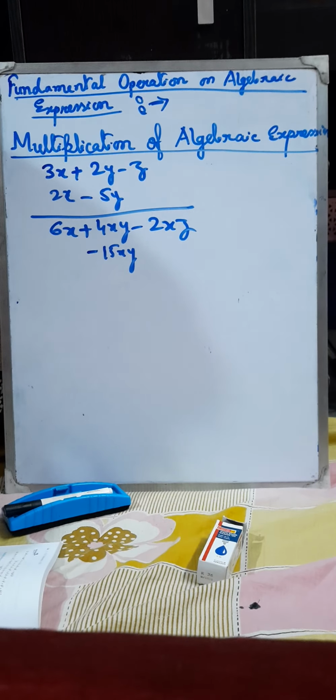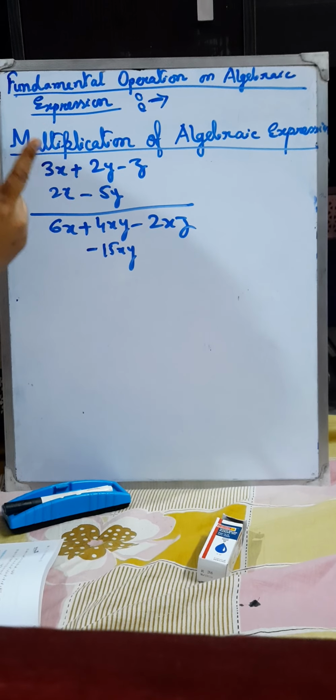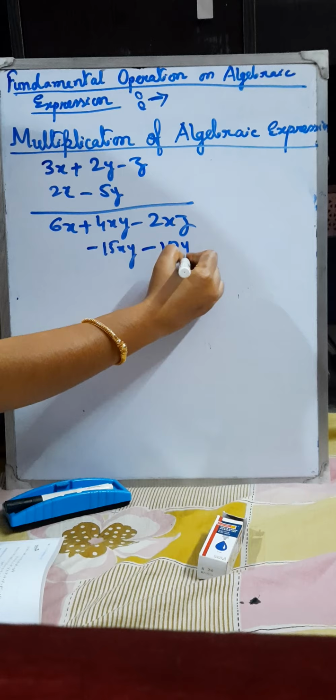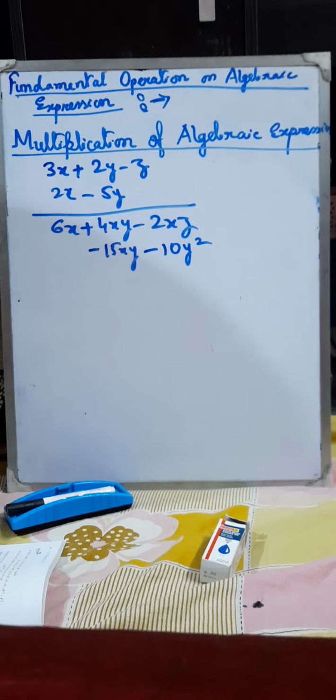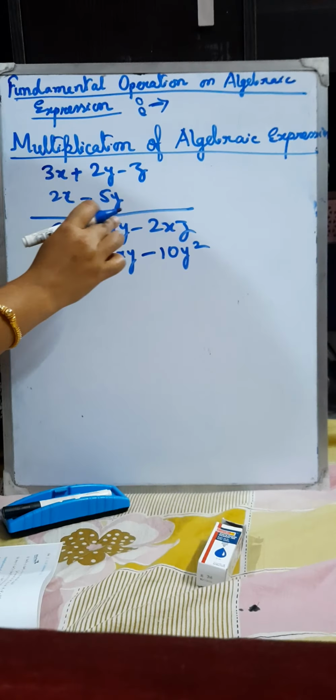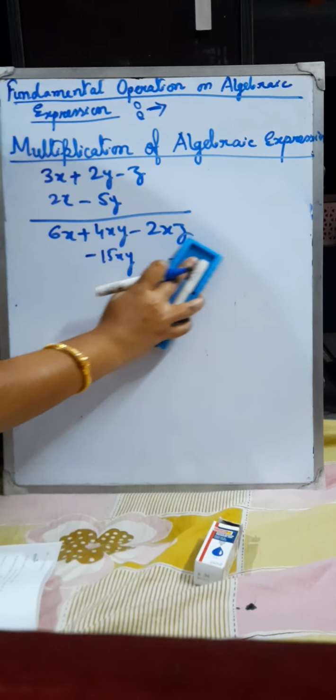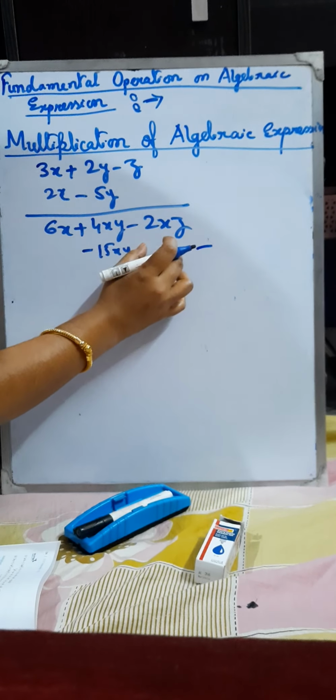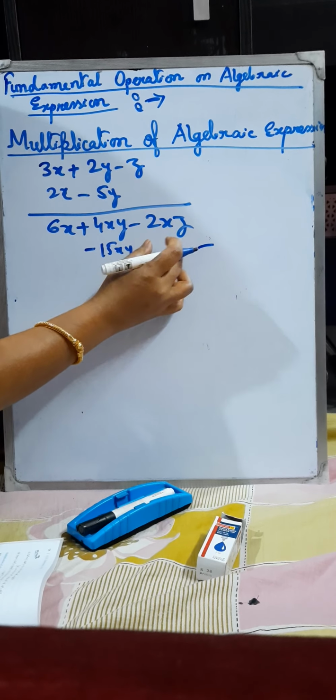Minus 5 twos are 10, minus 10y square. The y square is not in the above line, so we write it here only. Take a space, then write minus 10y square, minus minus plus 5yz.